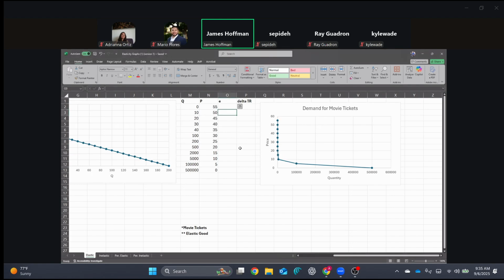So in column O3, I'm just gonna say equals. I want to do the percent change in quantity first, which is essentially, I'm gonna do double parentheses to make the top one separate. Okay, so it is 10 minus 0, close parentheses, divided by 0, or M3 minus M2 divided by M2.